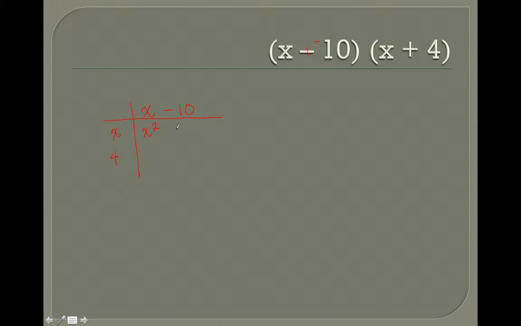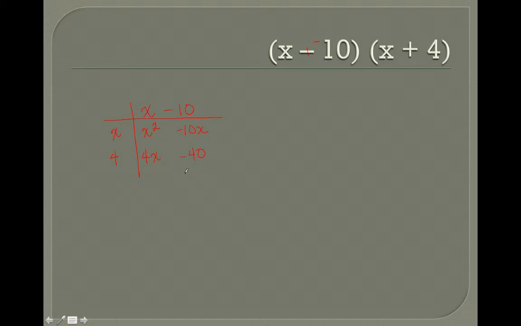X times -10, of course, is -10x. I'm going to multiply these two for 4x, and multiplying the last two gives me a -40. So I have multiplied each of the terms in both binomials.